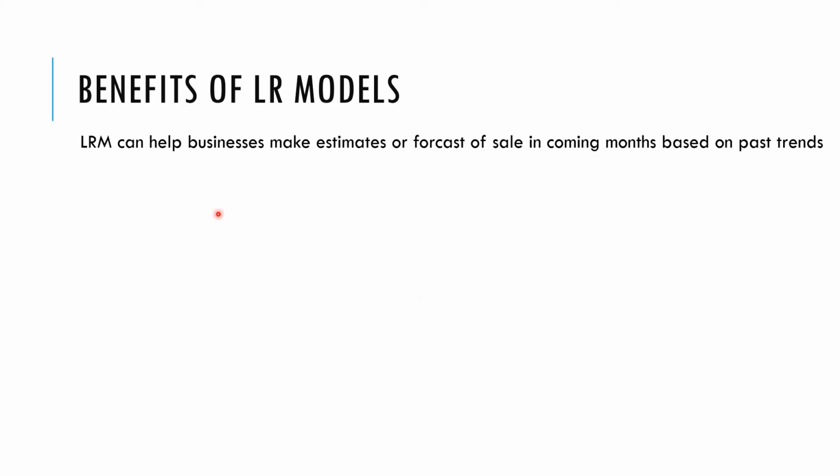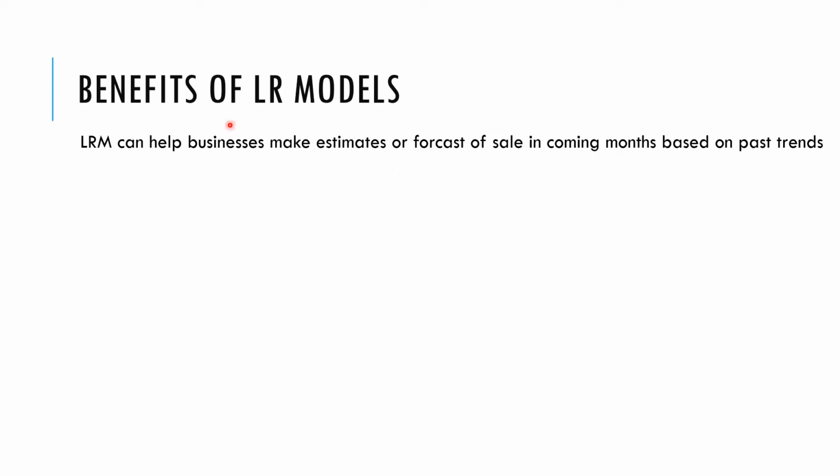So what are the benefits of using linear regression models? Now we look at some of the cases here. I've just used the short form LRM for linear regression models. LRM can help businesses make estimates or forecasts of sales in coming months based on past trends. As you know, these predictive models are built on historical data.